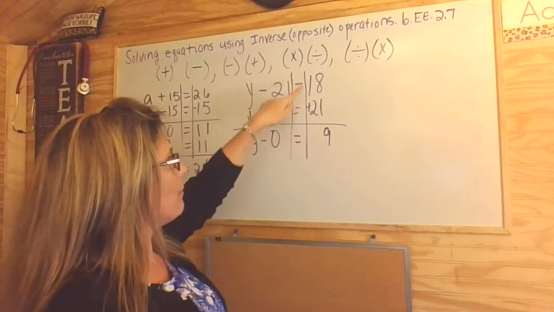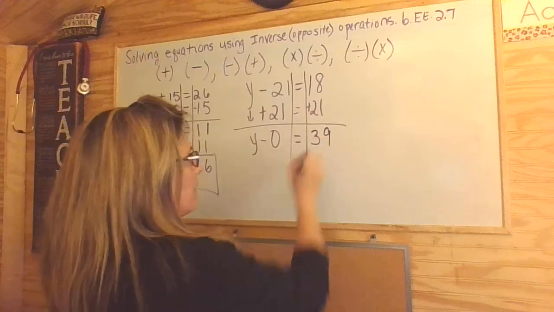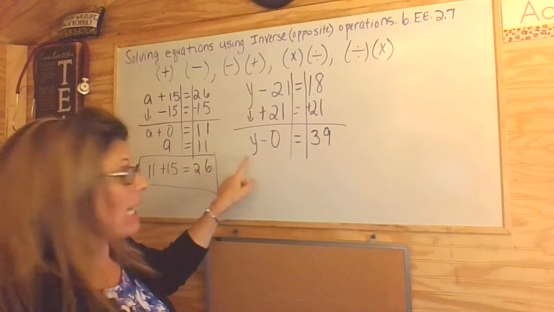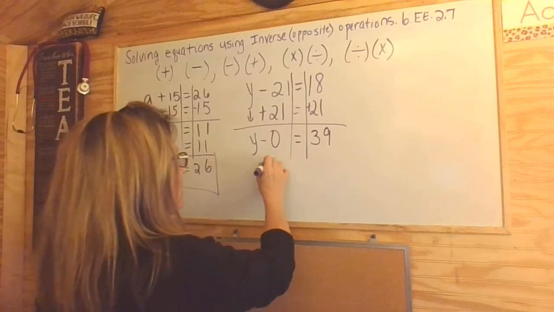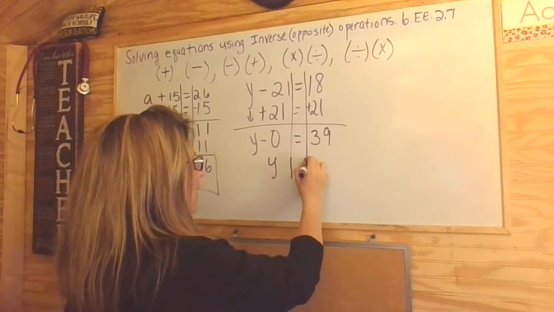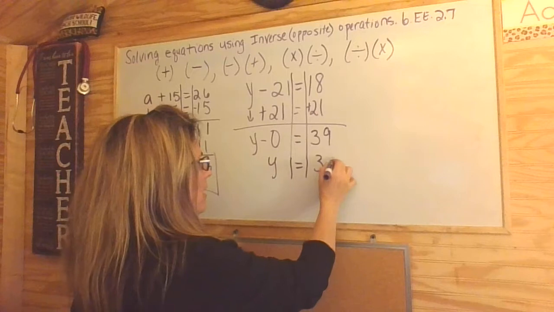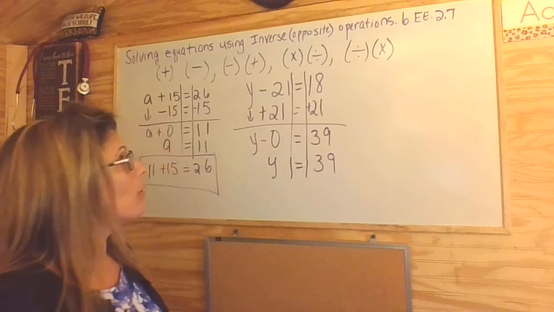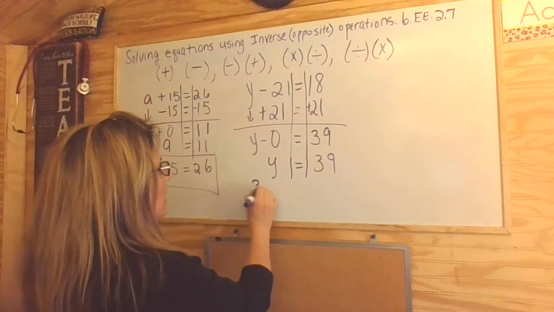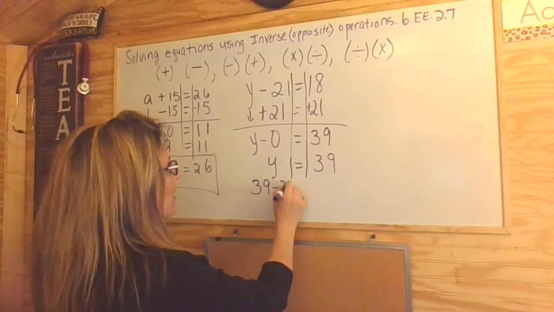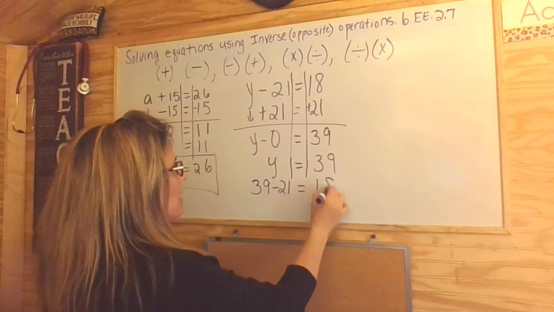I have 1 ten plus 2 tens is 3 tens. Now I'm looking, I have y. I'm taking nothing away from y, so I still have y equals 39. If I plug it in, y equaling 39, it would be 39 minus 21 equals 18.